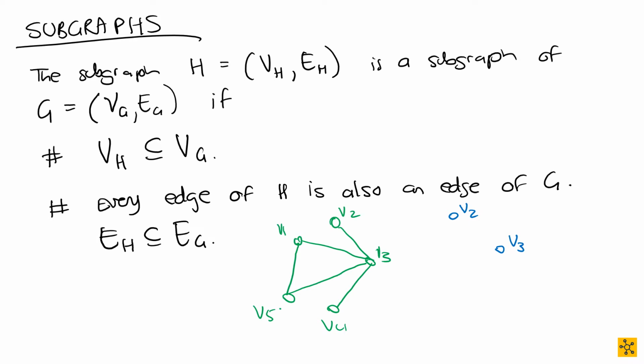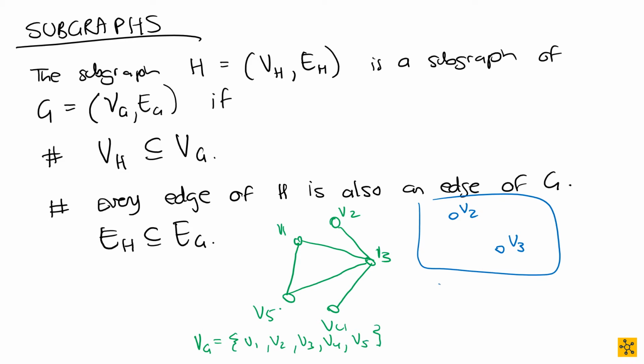And then it's also a case of every edge of H is also an edge in G. So right now, as it stands, this here is technically a subgraph of that green graph because it fits those conditions. If you look at it, V2, V3 is contained in the green set of V1, V2, V3, V4, V5, and let's actually just write that out. VG is equal to V1, V2, V3, V4, and V5.